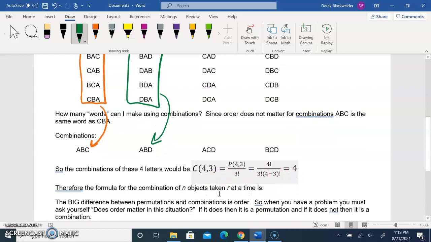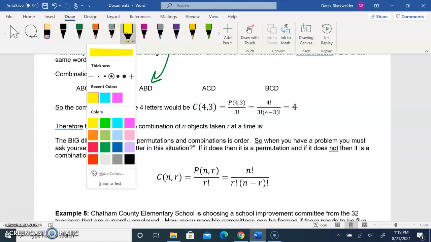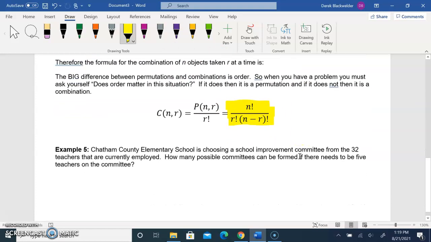So the formal formula now for combinations is n factorial over r factorial times n minus r factorial. That's just going to divide out all the different ways I can rearrange those 3 letters, and then kind of the ones that we didn't pick as well. So hopefully that makes sense.